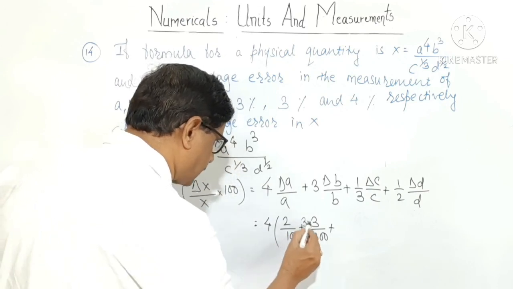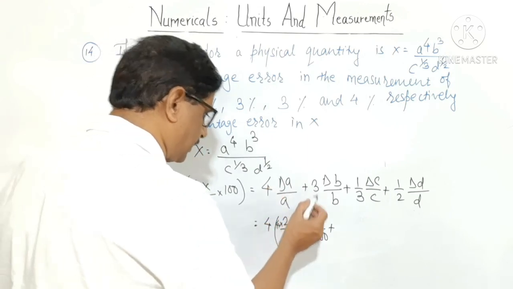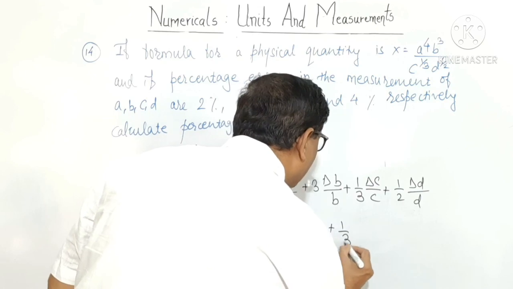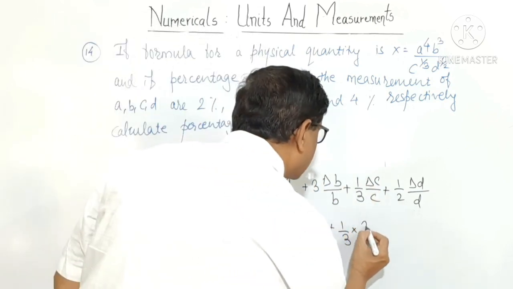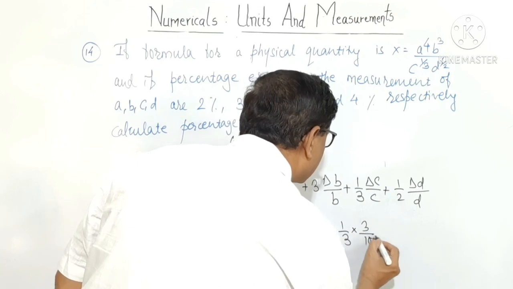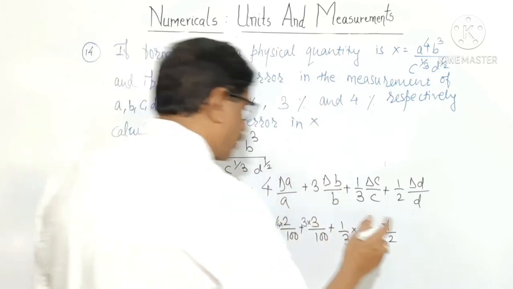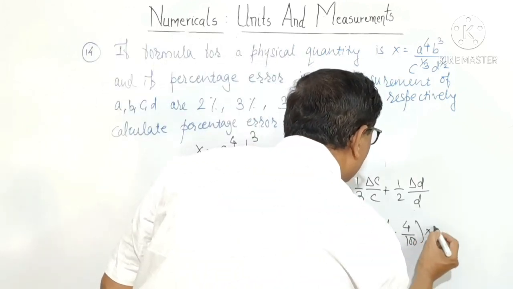Sorry, it is 4 times 2 divided by 100, 3 times 3 divided by 100, and 1/3 of delta C, which is 3 divided by 100, plus 1/2 of 4 divided by 100, because it is again multiplied by 100.